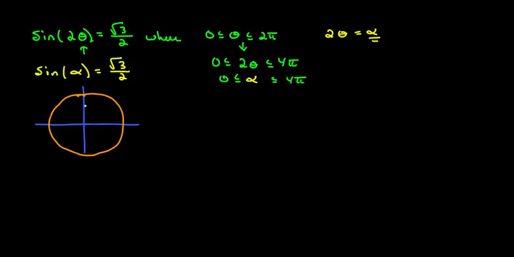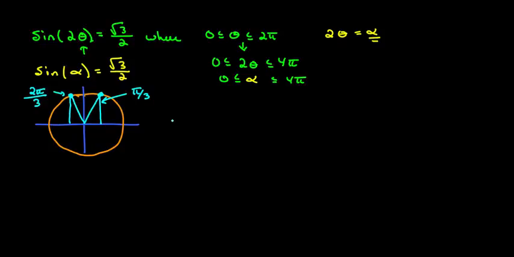Well, sine measures height, so up here at 60 degrees, we're looking at an angle of pi over 3. And then also over here at 2 pi over 3. So those are my two angles.